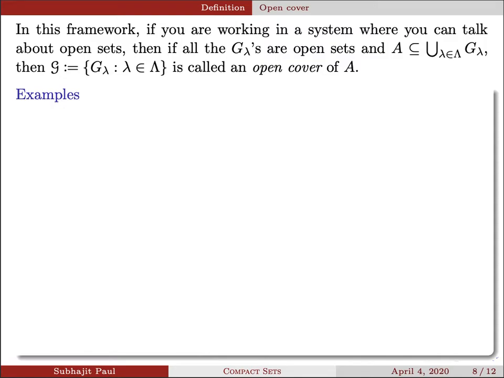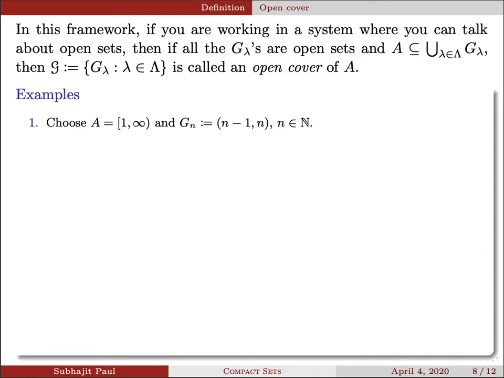Examples. First example, choose A equal to the closed interval 1 to infinity. Now G n to be n minus 1 to n. Here n is running over natural numbers, so for n equal to 1, that is the open interval 0 to 1.